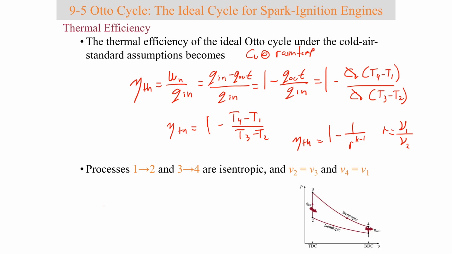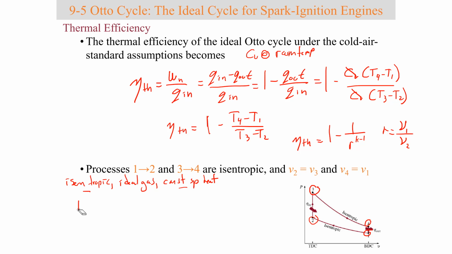And also, how do you evaluate the temperatures? Well, if you look at process 3 to 4 and also process 1 to 2, they are isentropic, right? So we have here an isentropic process for an ideal gas with constant specific heats.